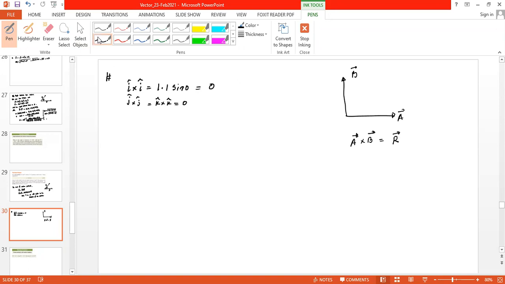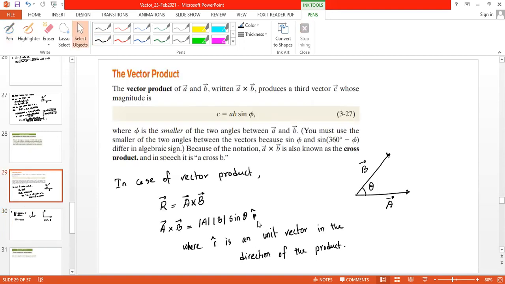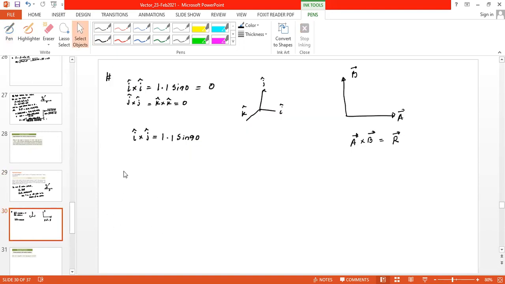Now what if I multiply I with vector j? I cross j. Magnitude of I is 1. Magnitude of j is also 1. And the angle between them, let's say this is my vector I, this is my vector j, and this is my vector k. The angle between I and j is 90 degrees, that is sine 90 degrees. And you have to multiply this with a unit vector that is perpendicular to both of these two vectors.